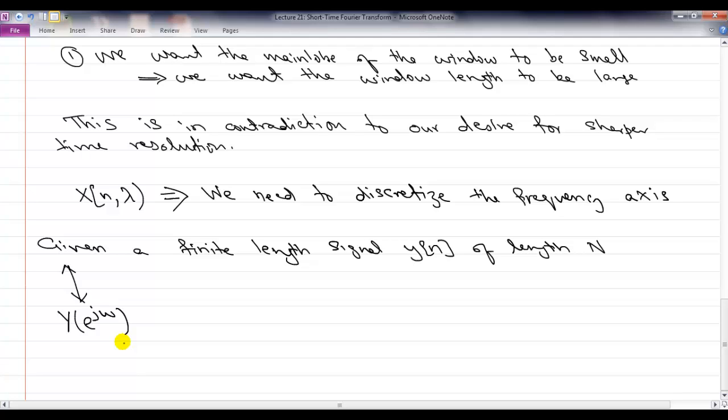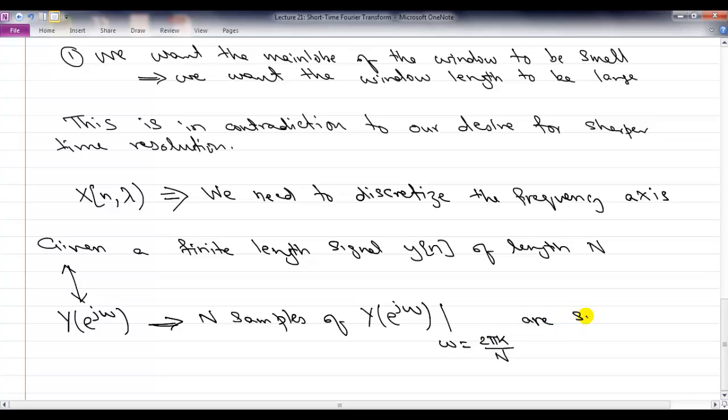And what are those N samples typically? How do we compute them? They just correspond to the DFT coefficients. So N samples of Y(e^{jω}), in general we compute them at ω equal to 2πk over N, are sufficient to reconstruct x[n] or y[n].